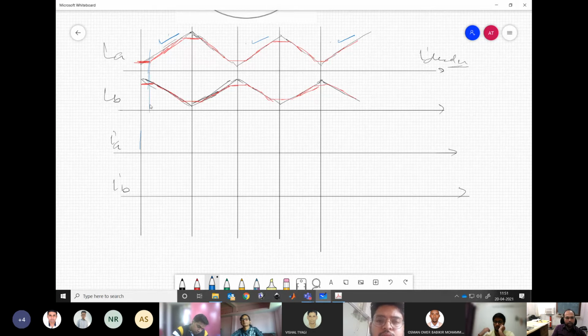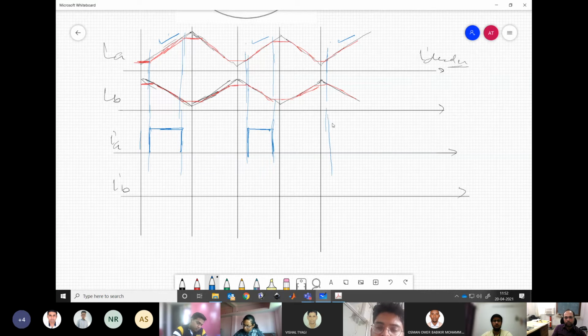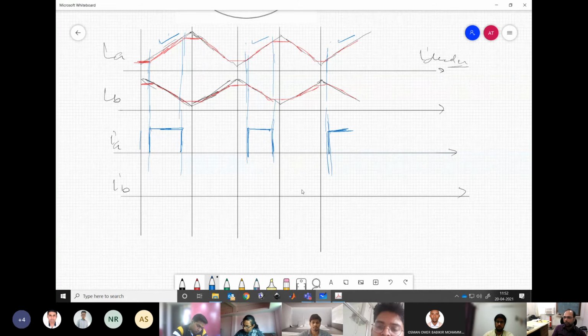So whenever this is changing, maybe between this interval, the current may be like this, a pulse current over here. Then the next current could be here, and then the next current pulse could be here. Getting my point?